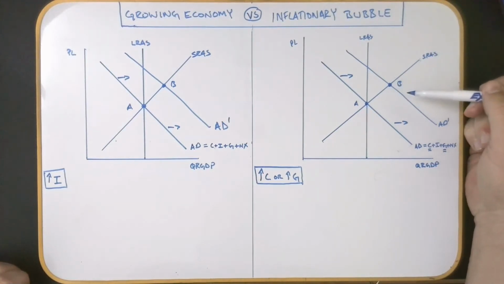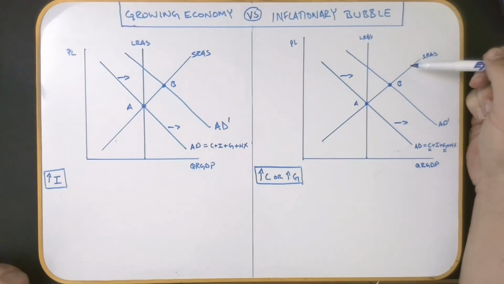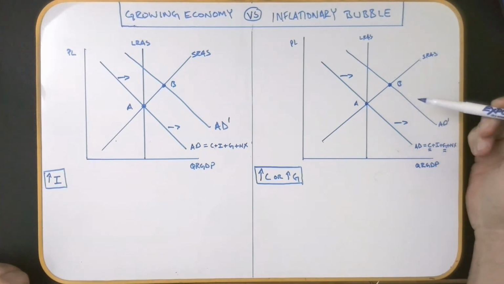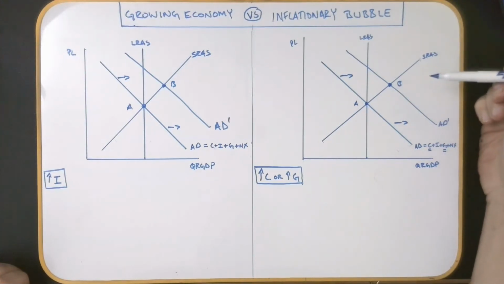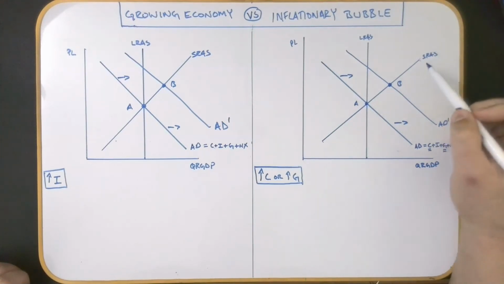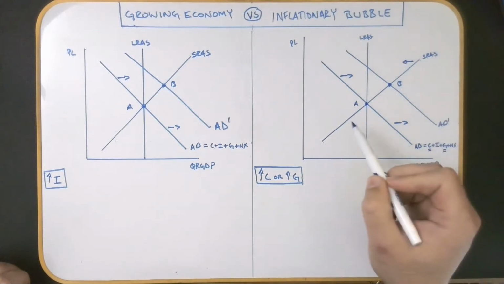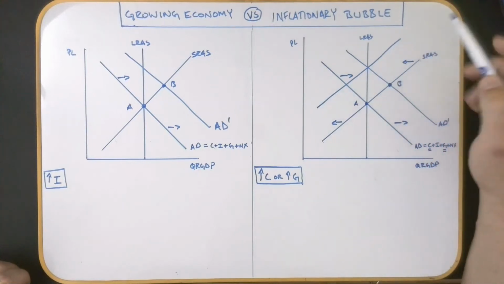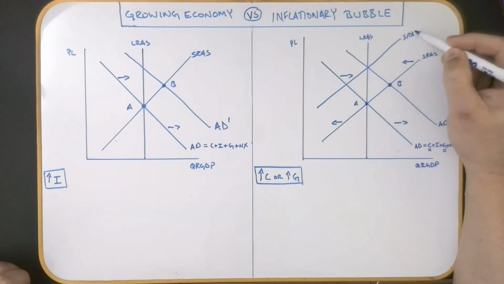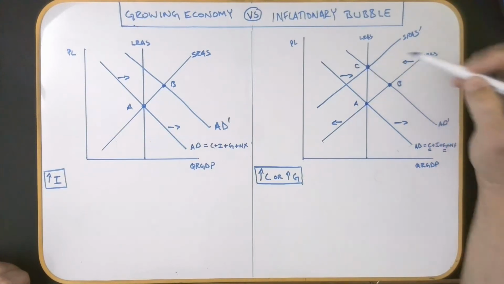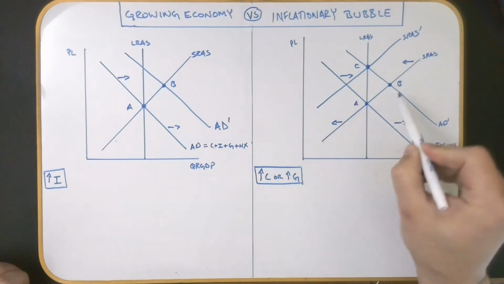Eventually, as the price level and resource prices increase, it gets expensive to supply all of those things, and that actually causes supply to decrease. SRAS, short-run aggregate supply, is going to decrease, and that brings this back. This we would call our SRAS prime, and now here's our new place, C. We have just gone through a little inflationary bubble.